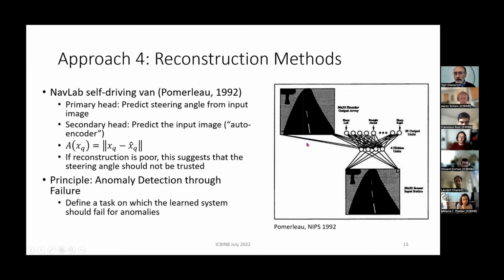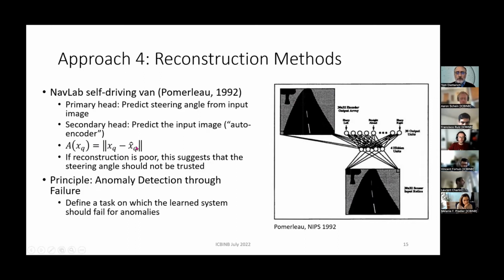on the network. And so the idea was that given this input image, it should try to reproduce the same input as output. And then we could measure, if we're given a new query image XQ, we call this XQ hat our reconstructed image.